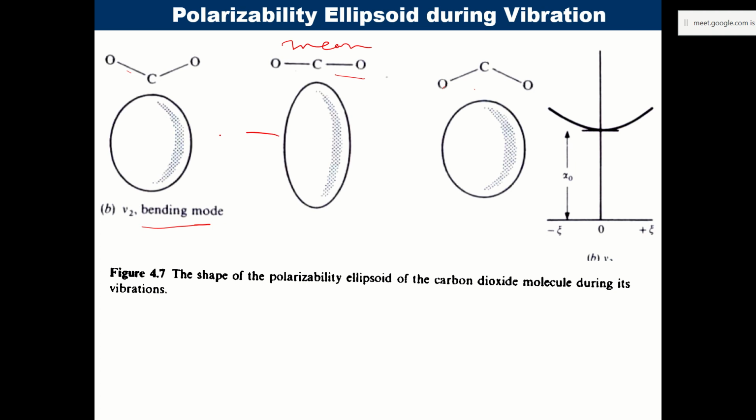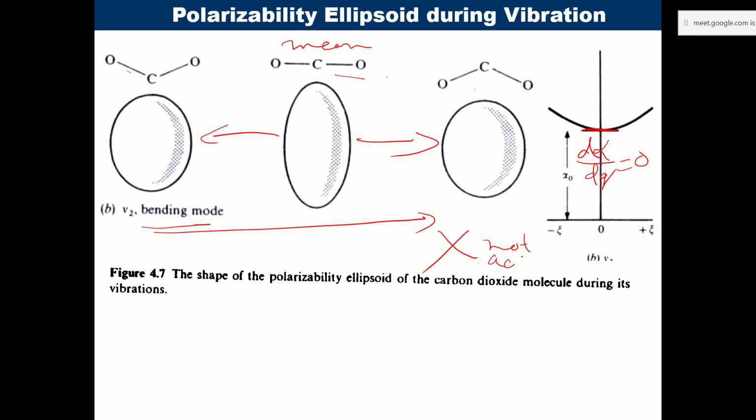The ellipsoid on this side and this side is the same. That means moving left to right, there is no change in the polarizability. So d alpha by dq is 0 here. So it is not Raman active.